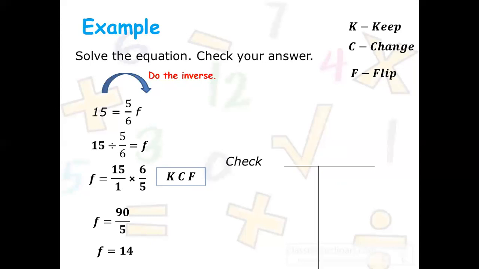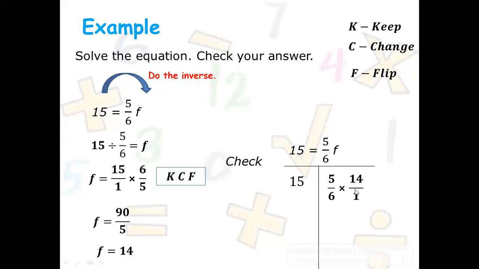Now let's check whether the answer we got, which is f equal to 18, is correct or not. So write the question up, and then we already have an answer on the other side as 15. So 5 over 6 multiplied by 18. This means multiply. I'm repeating it many times. This is multiply. 18, the value of f we got.